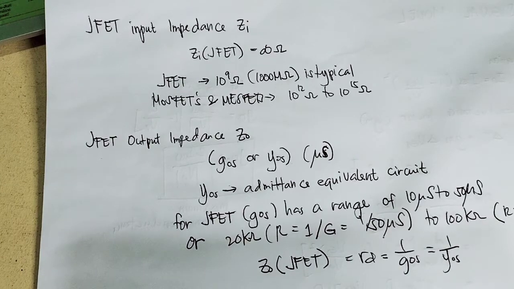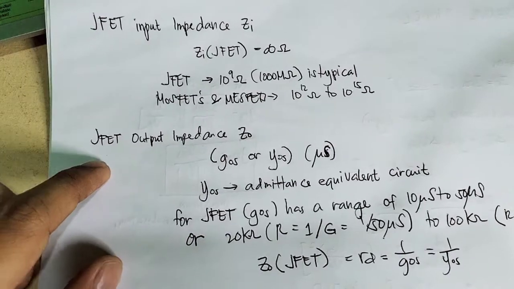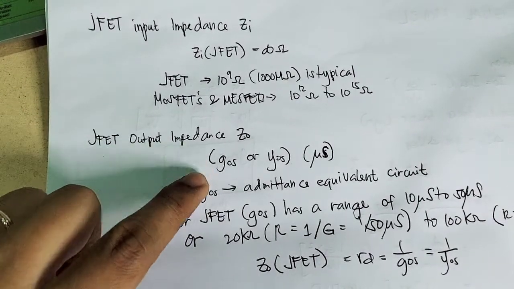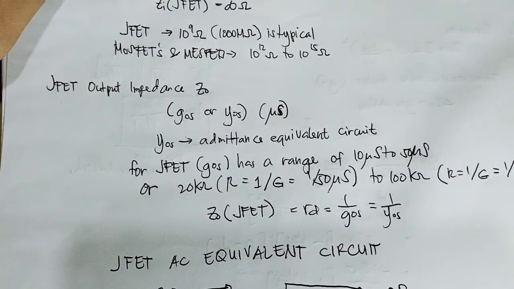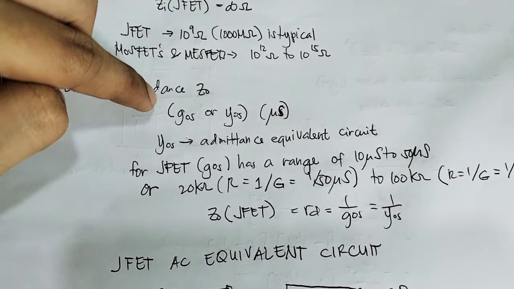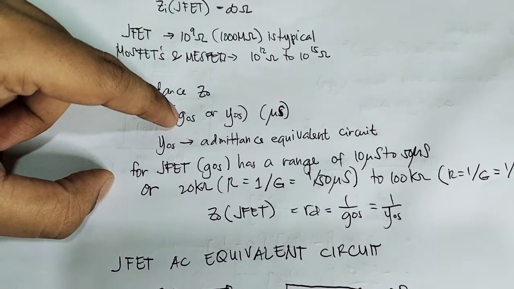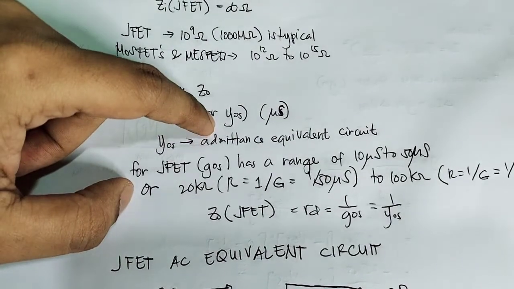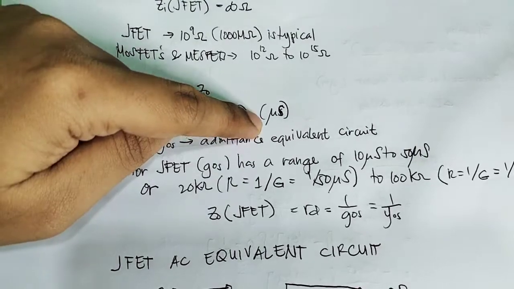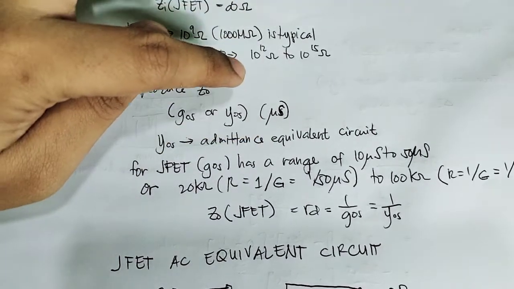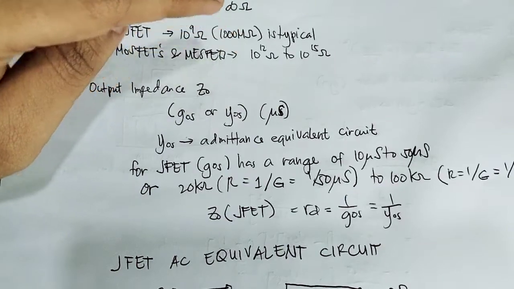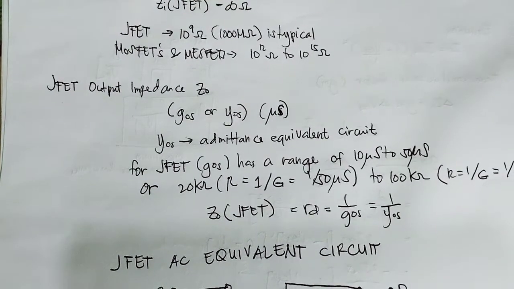So it will lessen the noise and you can achieve the maximum power transfer of the input signal to your amplifier. So the JFET output impedance Z out, usually in the data sheet, its symbol is g sub os, or you can find y sub os, and it has a unit of microsiemens.